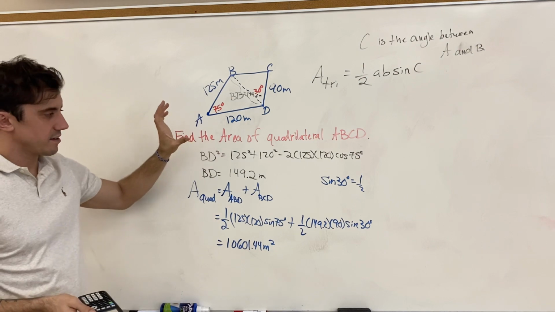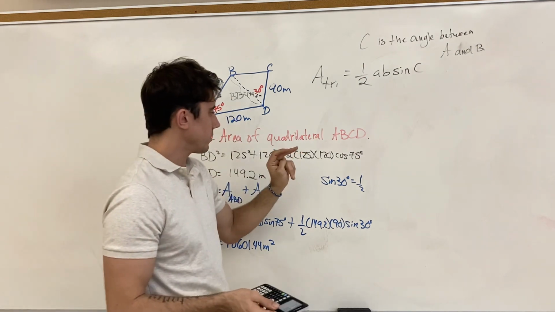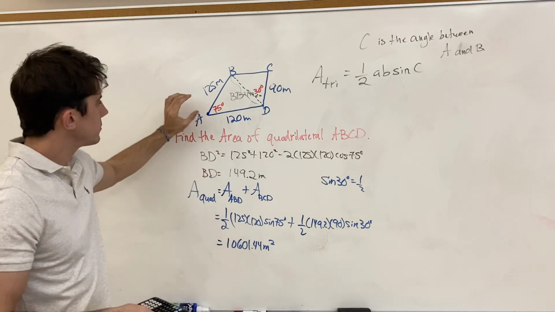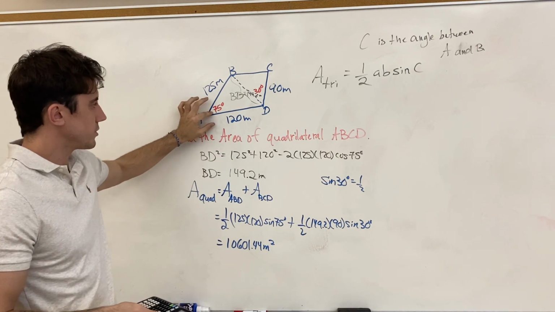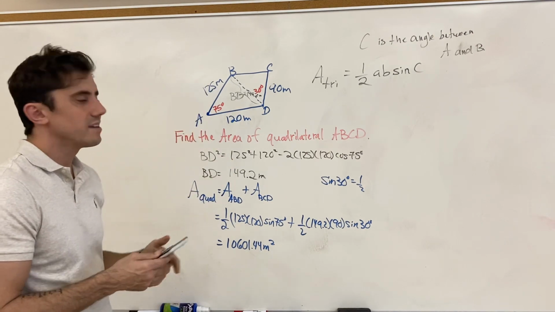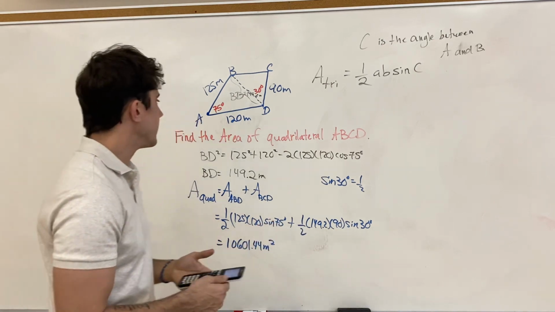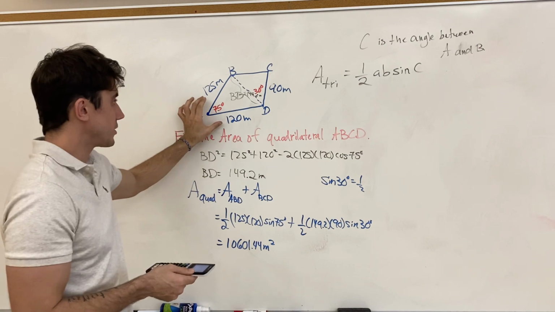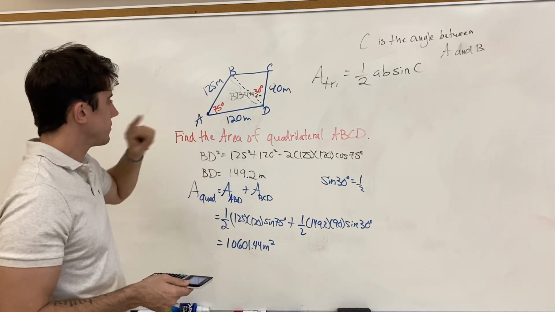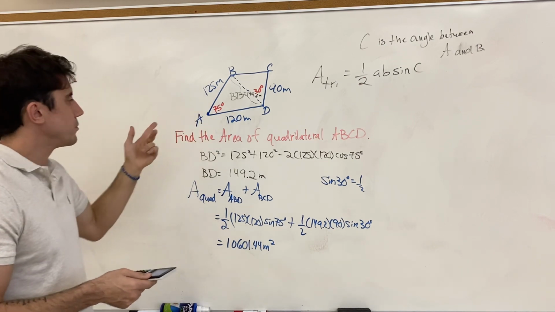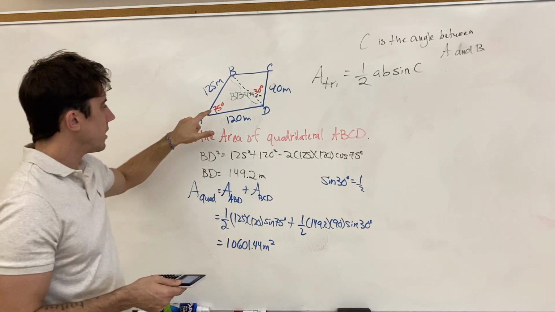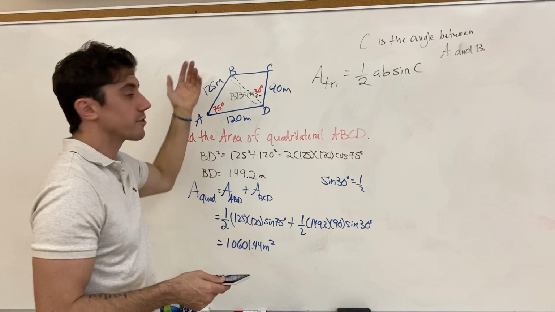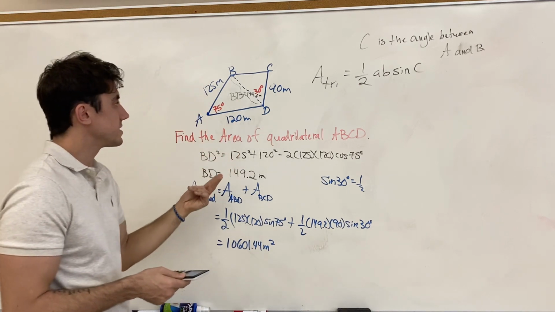Again, just using the cosine law. Cosine law is a very suitable formula whenever we have two sides and the angle between those two sides of a non-right angle triangle. The sine law would be useful if we had an angle and its opposite side length, and then we were looking for one of the other angles or one of the other side lengths.